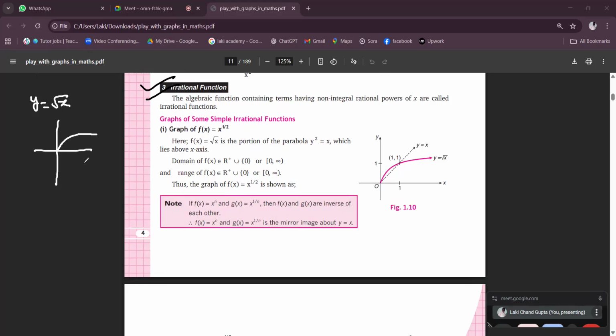That's why on the left-hand side there is no part of the graph. And whatever value of x you put, you will get a positive value of y. So this is the graph of y is equal to root x. Understood?